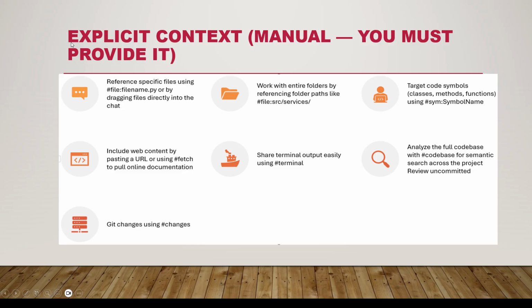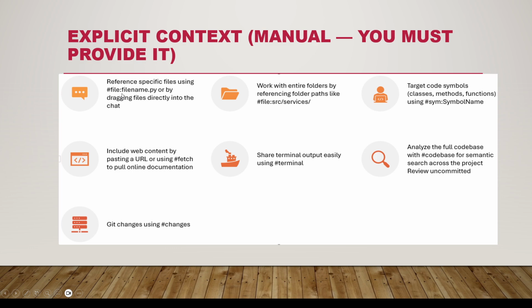And then the second type of context is explicit context. By default, it will not go to the Copilot prompts, but we need to manually provide it so that our question becomes relevant. For example, in case we wanted the prompt to refer to any particular file, we have to explicitly use the hash command to send it as a file name.